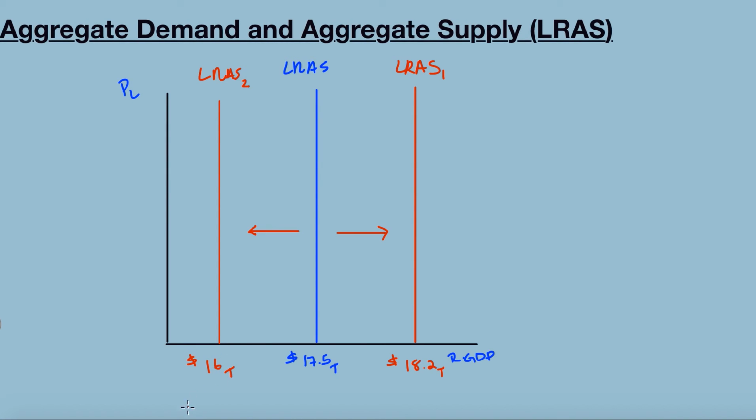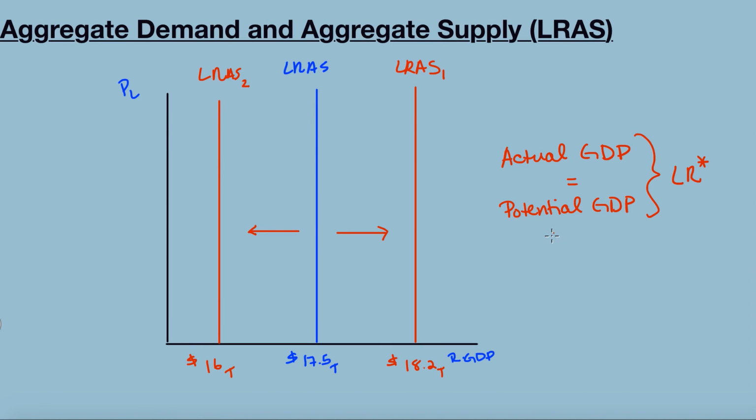If our actual GDP is the same as our potential GDP, then we are in the long run. Then our actual GDP is equal to our potential GDP, and we are in our long-run equilibrium. Our long-run equilibrium happens when our potential is equal to our actual.